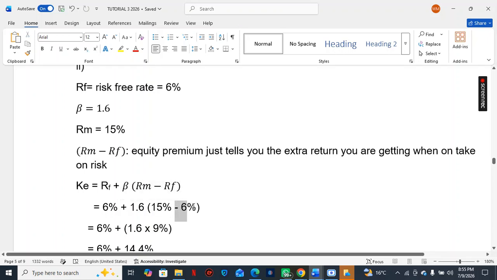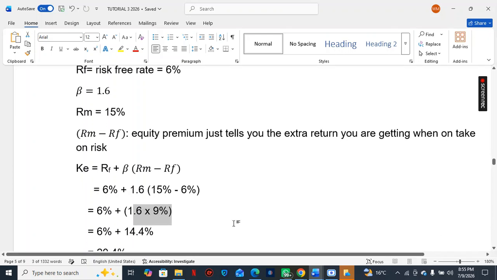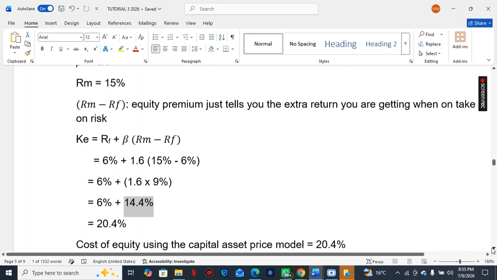Remember order of operations. 15 minus 6%, 9%. And this 9% multiplied by 1.6 is 14.4%. Then 14.4% plus 6% is 20.4%.